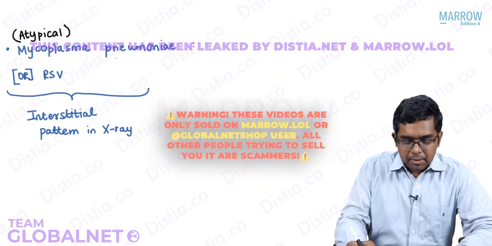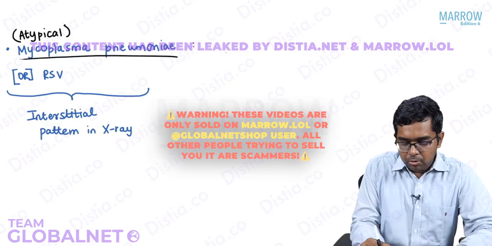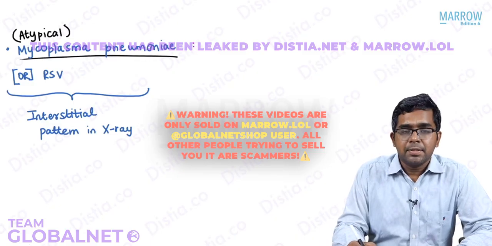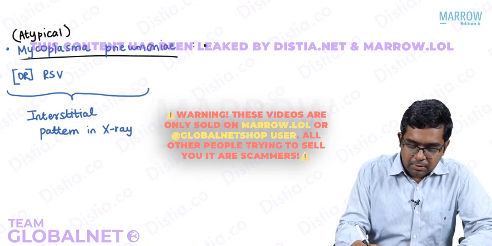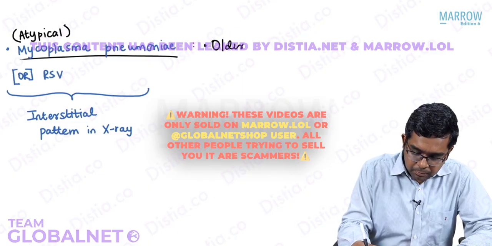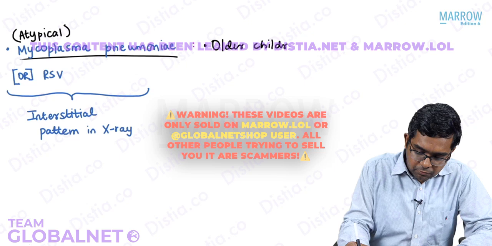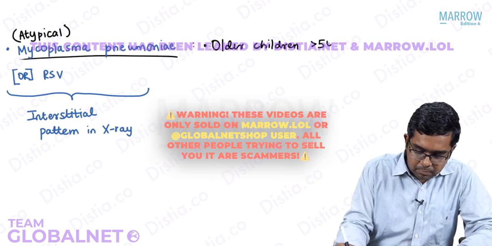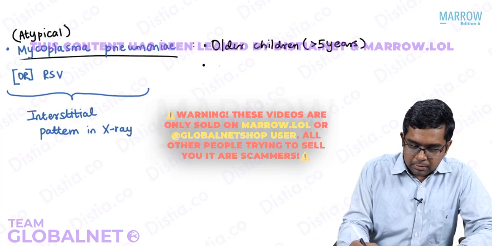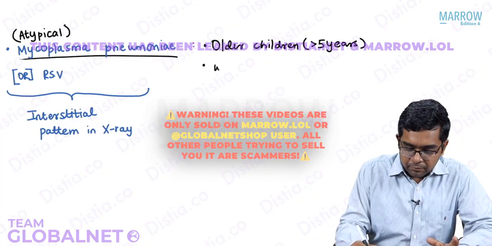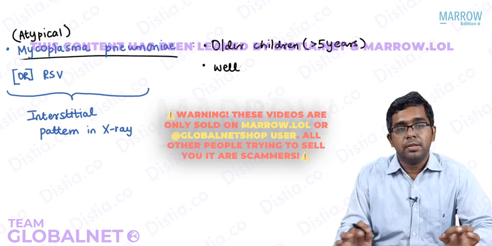Now I would like to add some important points about Mycoplasma pneumoniae. As I said before, it usually affects the older children who are more than the age of 5 years. Number two, these children appear relatively well in spite of pneumonia.